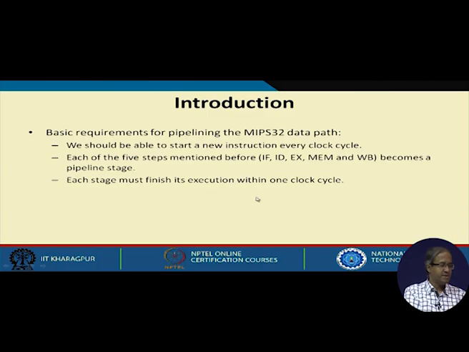So, your clock period must be chosen to be large enough such that every stage execution must be finished by that time. This is a mandatory requirement. Your clock cycle time must be large enough such that every stage should finish its execution.